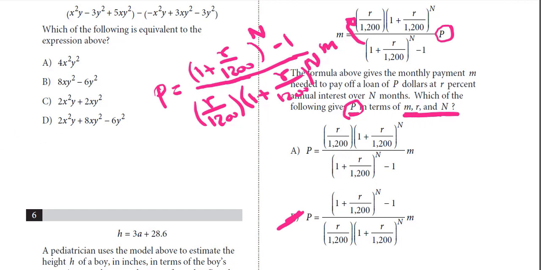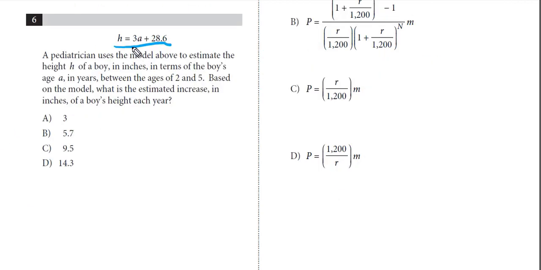Okay, number 6. h is equal to 3a plus 28.6. A pediatrician used the model above to estimate the height h of a boy in inches in terms of the boy's age a, where a is age in years between the ages of 2 and 5.